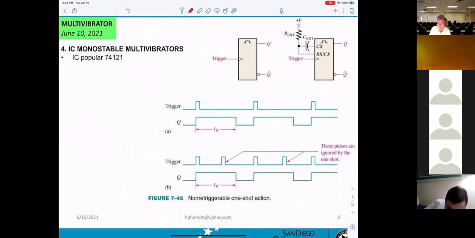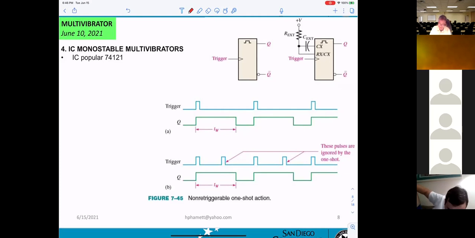Okay, then we go into monostable. Basically, you can use the IC, either 74121 or 74123. One of them is retriggerable, the other non-retriggerable.